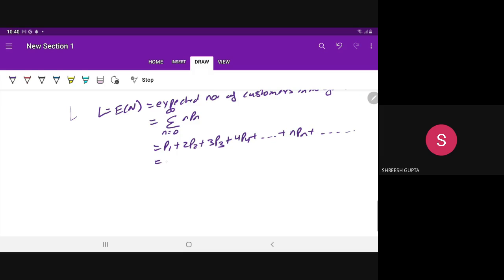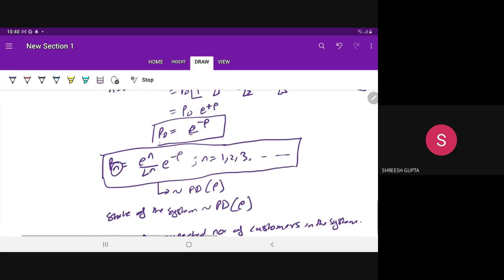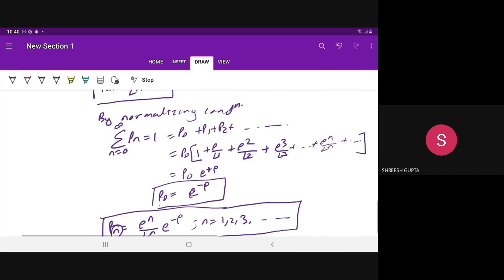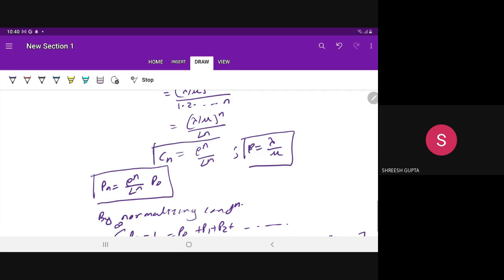So it is C1 P naught, 2 C2 P naught, plus n Cn P naught. If you take the P naught common, inside we have the C1, or Cn, we have computed as this.